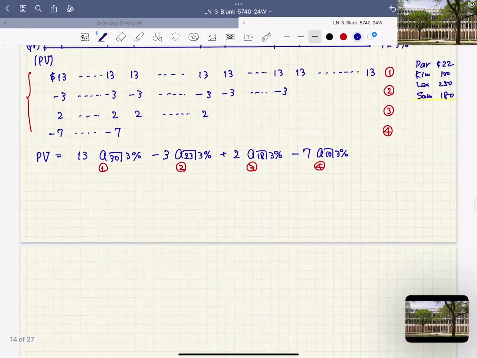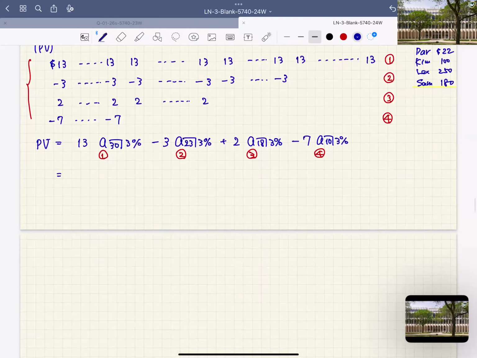Then we can calculate this. So we can calculate each of these terms by BA II Plus, or you can just apply the formula, the 13 times 1 minus the v to the power 30. So that is 1 minus 1.03 to the power negative 30 divided by 0.03.